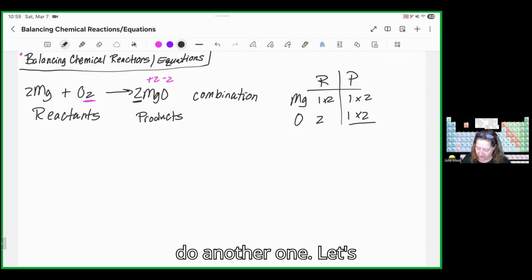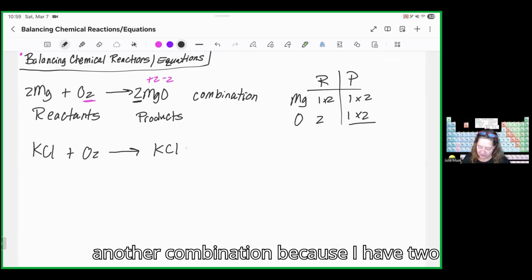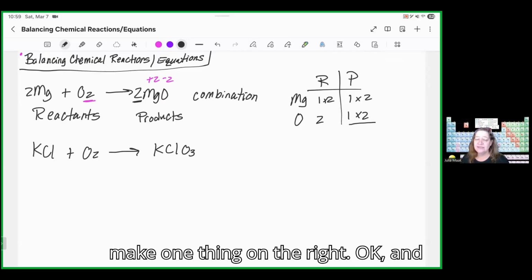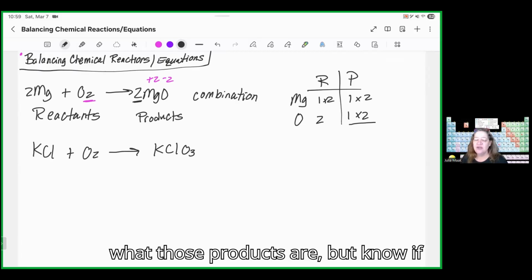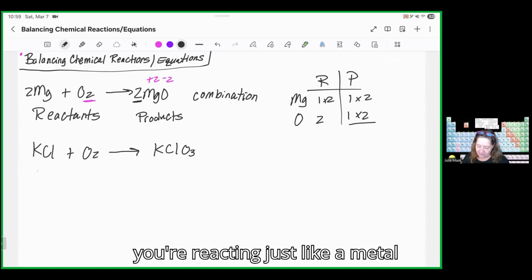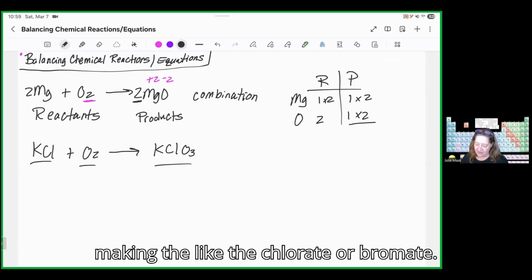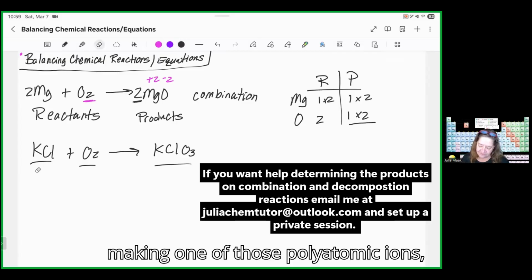Let's do potassium chlorate plus oxygen. That's another combination, because I have two things on the left combining to make one thing on the right. You'll probably be told what those products are, but know that if you're reacting a metal and nonmetal with oxygen, you're probably making the chlorate or bromate or sulfate, so one of those polyatomic ions.